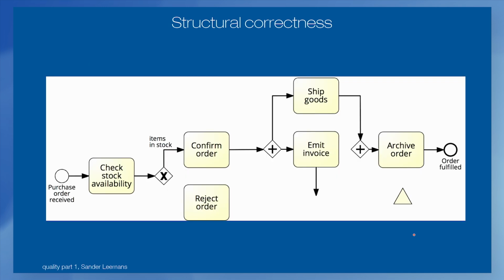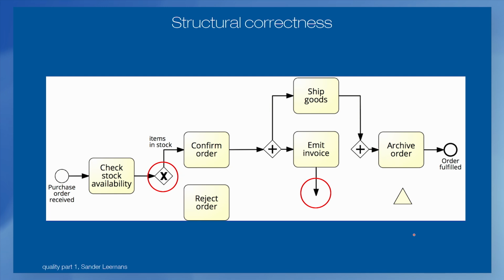Here's an example. Can we find things that are against the BPMN standard in this process model? Well, yes. We have one here, which is a trivial gateway because it has one incoming sequence flow and one outgoing sequence flow, and there should be either more incoming or more outgoing sequence flows.